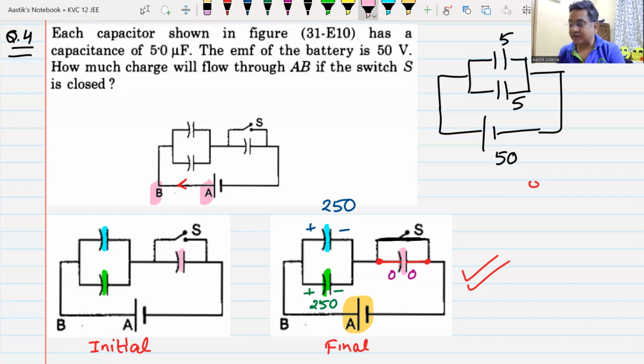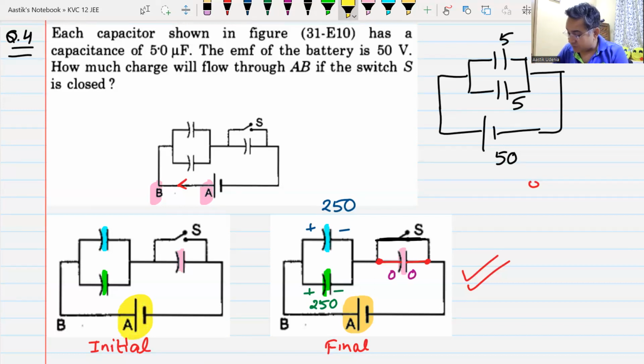How much does it become? 10 by 3. 10 by 3 is the effective capacitance.